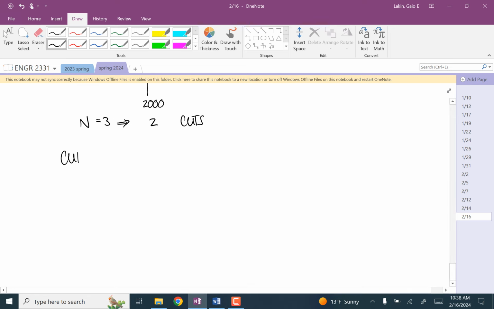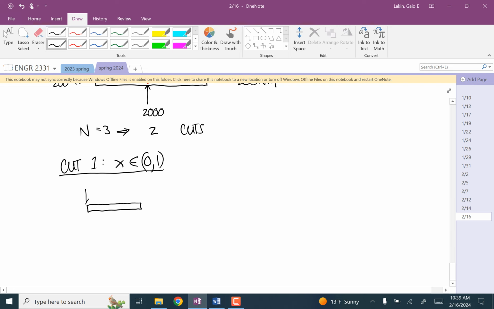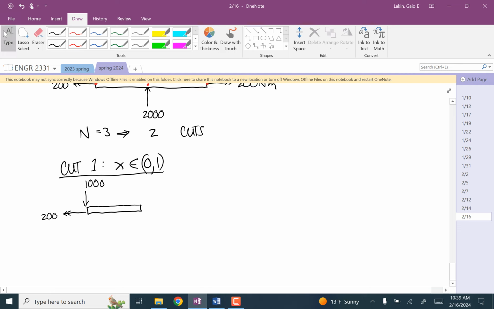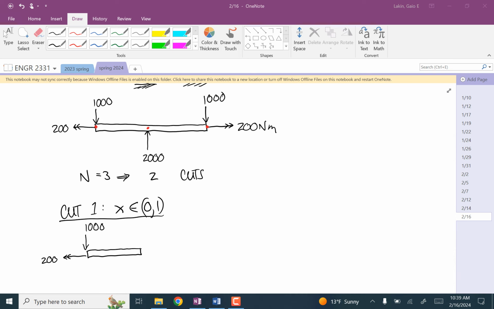So cut 1 is going to be for x's between 0 and 1. So we have the 1,000, the 200. We haven't gotten to the roller yet. We haven't gotten to that 2,000. So the only other stuff we have is the internal loads.